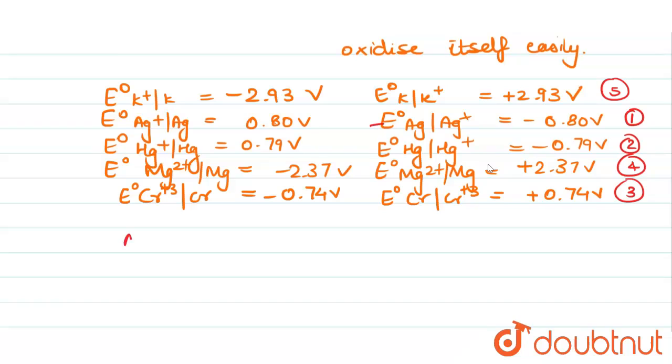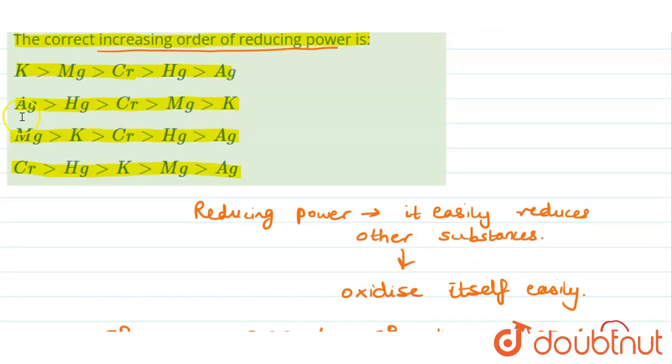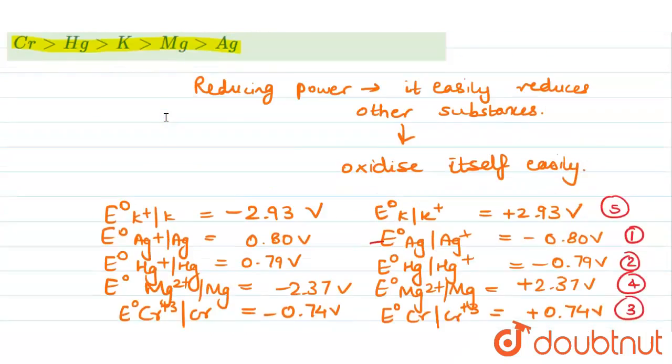So for the order we have Ag, then Hg, after Hg third is Cr, after Cr fourth is Mg, and after Mg we have potassium. So the order is Ag, Hg, Cr, Mg and K.